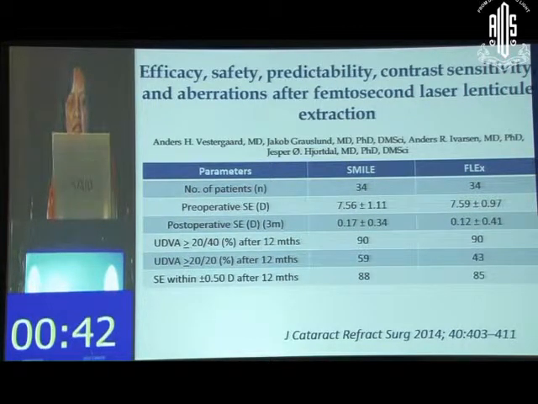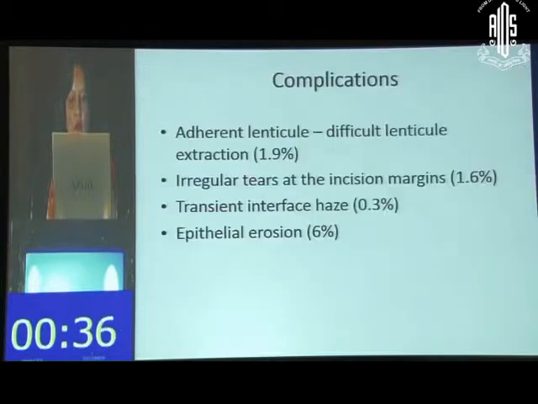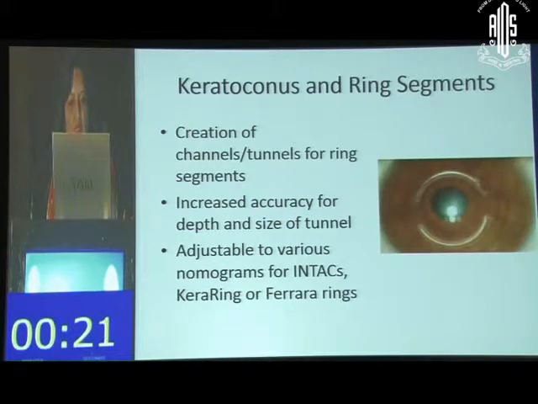And this was another study to compare predictability, contrast sensitivity, and aberrations after SMILE and FLEx, and found similar results. And the complications of SMILE are of course well known, and just as routinely you would have complications during SMILE with correction of myopia, similarly you can have even with astigmatism.